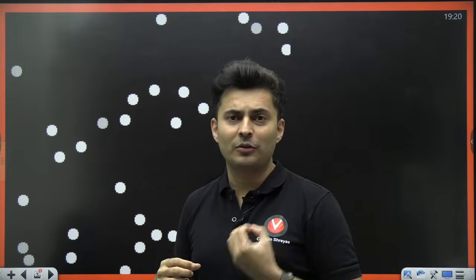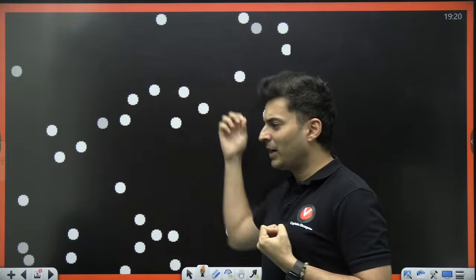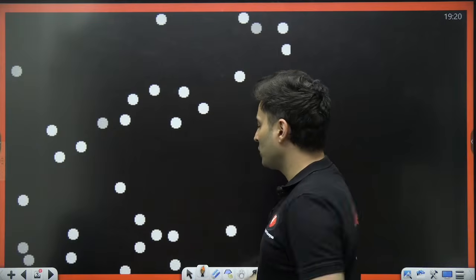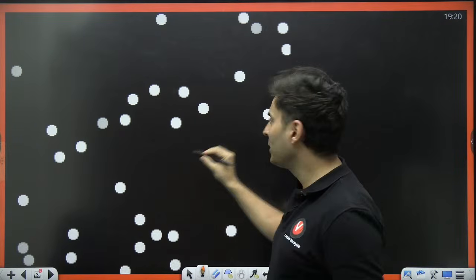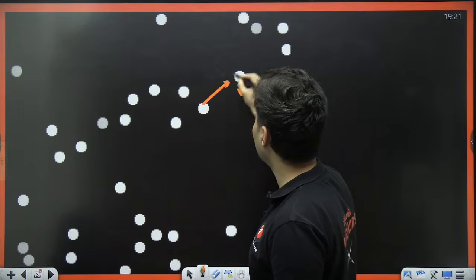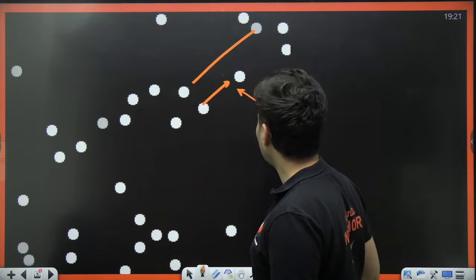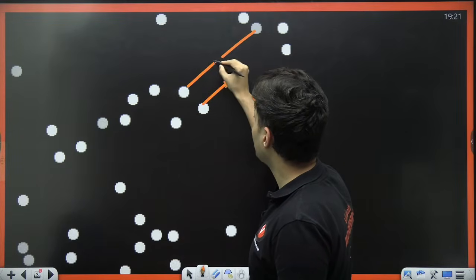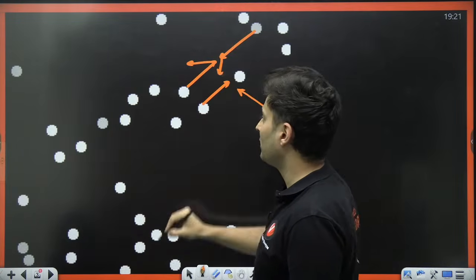Gas is just a state of matter, and it is also made of particles, and these particles will be in random motion. These are basically atoms or molecules. One molecule might be moving like this, another molecule might be moving like this. They might even collide with each other, and maybe they go in different directions after that.